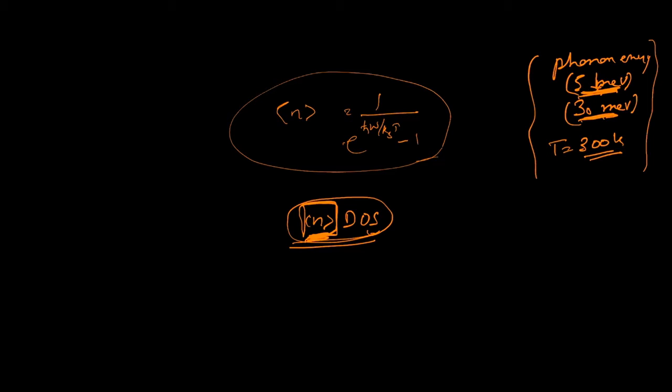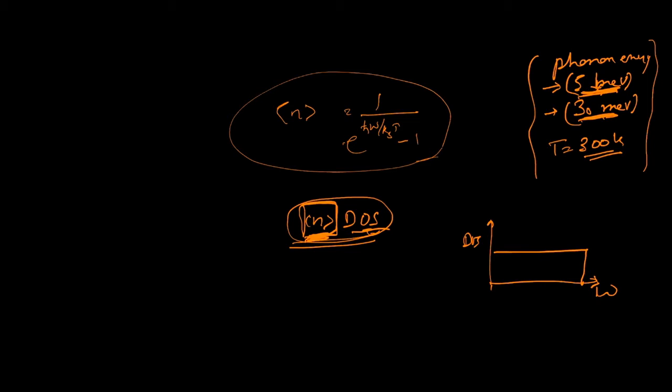Of course it would depend on the explicit density of states, but let's assume the density of states versus omega is constant throughout, and we have to determine what the contribution would be to the heat flux or the internal energy from these two phonons, what the ratio would be. So basically we multiply n with the DOS. DOS is constant.